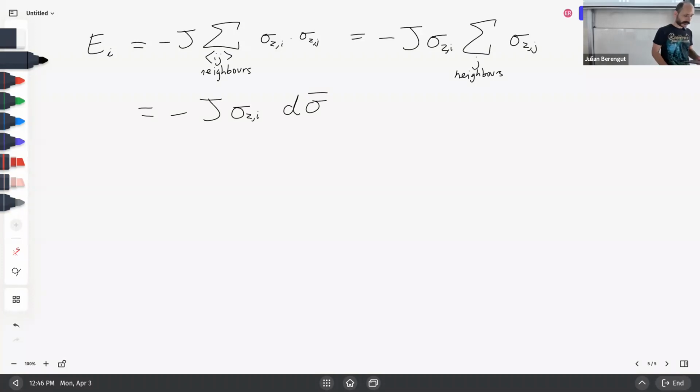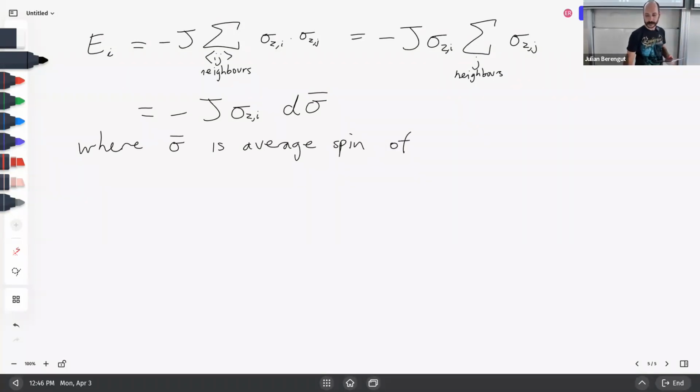So far I haven't done anything, I've just done some definition. And the definition I write is sigma bar is the average spin of neighbors. Good so far? So D sigma bar equals the sum over the neighbors. Yep, just a definition. Okay, cool.